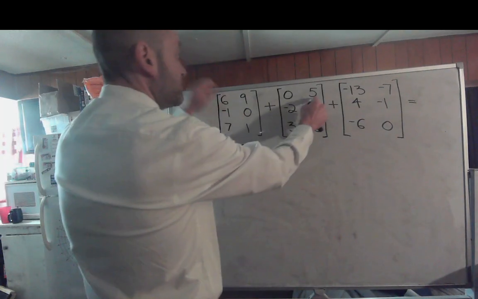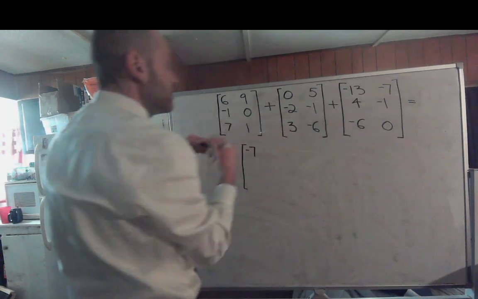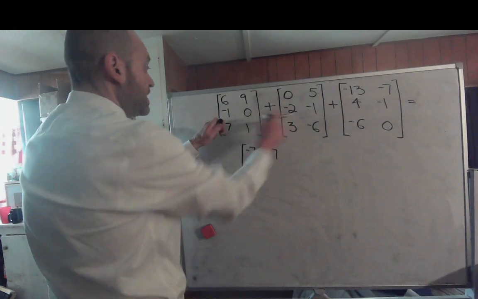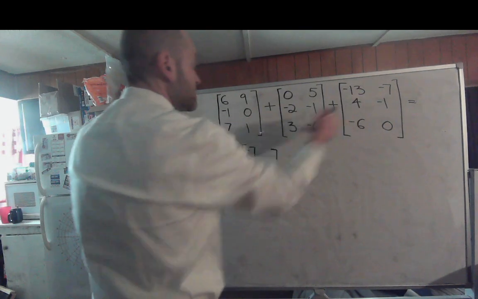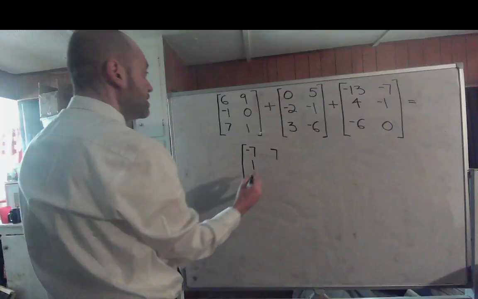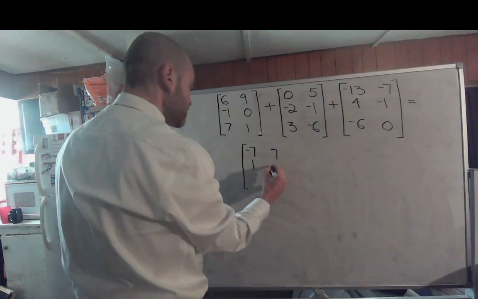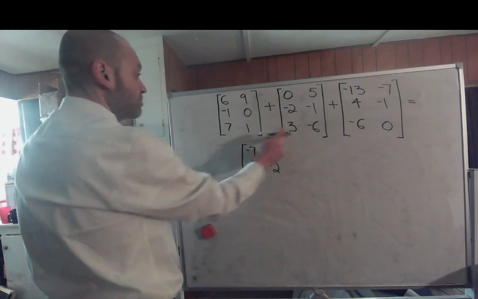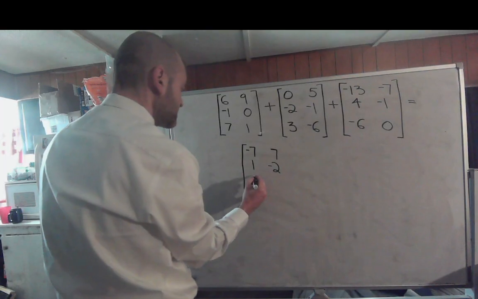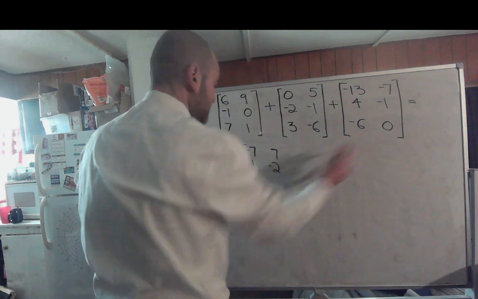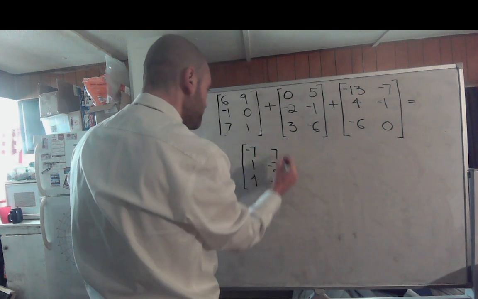Alright, 9 plus 5 is 14, minus 7 is going to be 7. -1 minus 2 is -3, plus 4, that's +1. 0 minus 1 is -1, minus 1 is actually -2. 7 plus 3 is 10, minus 6 is 4. 1 minus 6 is -5, plus 0, that's -5.